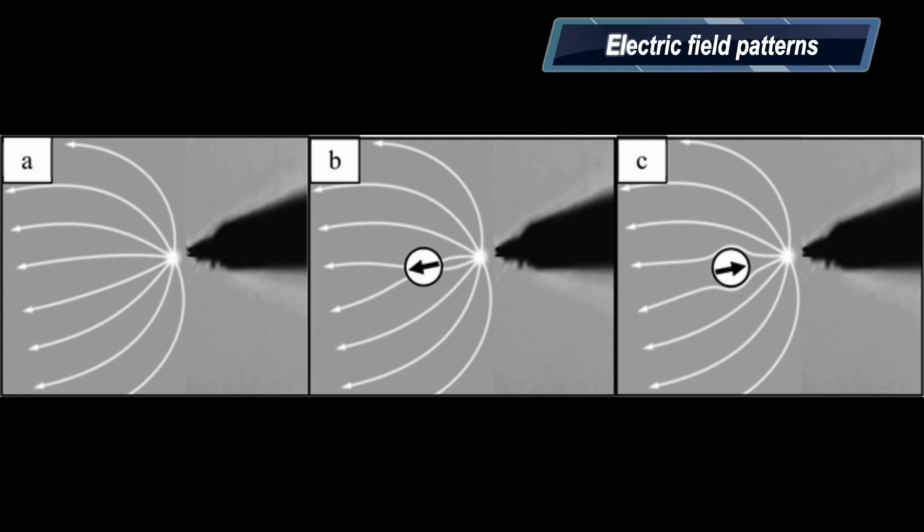And in picture B, a particle that is more polarizable than the surrounding medium distorts the electric field as shown. The induced dipole moment is aligned with the field direction. In figure C, for a particle that is less polarizable than the surrounding medium, the induced dipole moment is aligned against the field direction.